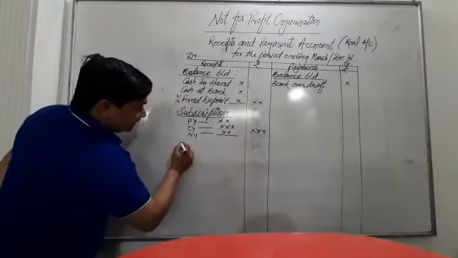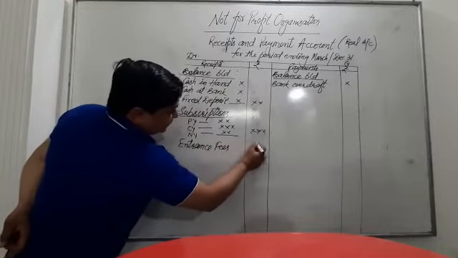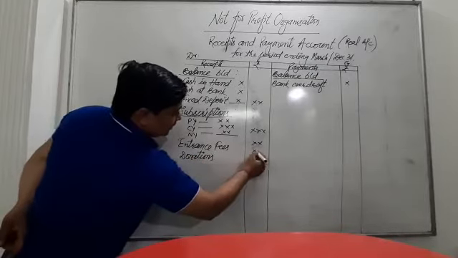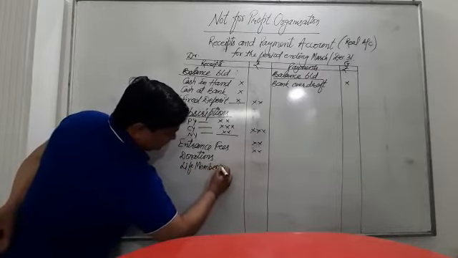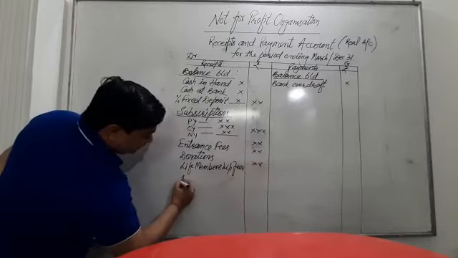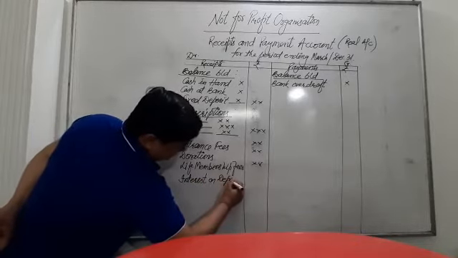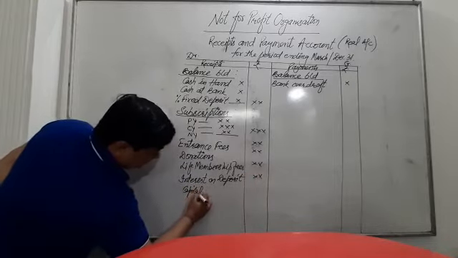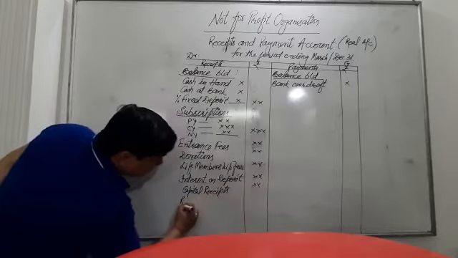Apart from this, entrance fees, next donations, next life membership fees, next interest on deposit, capital receipts or any revenue receipt.